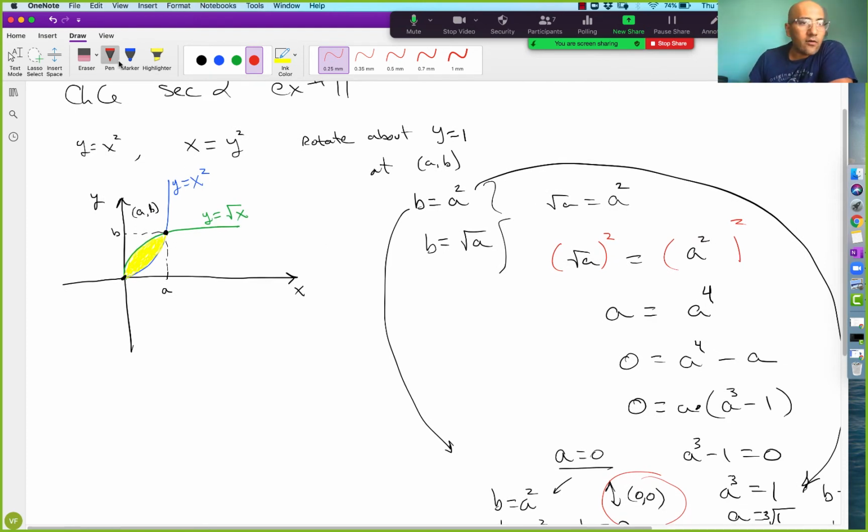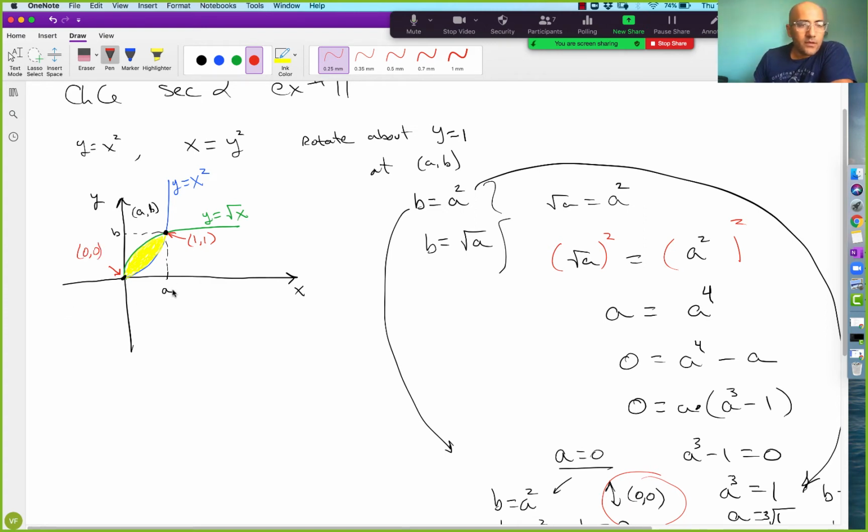So now I can go back over here and get rid of my a comma b. I don't need it anymore. Or I can just point to it and say that this is 1, comma 1, and that this, just as we thought, was 0, comma 0. Good.